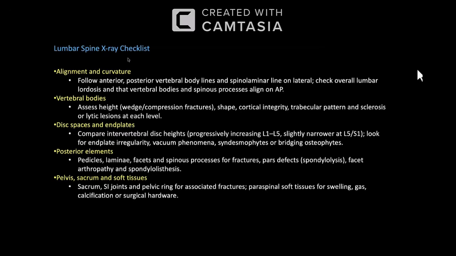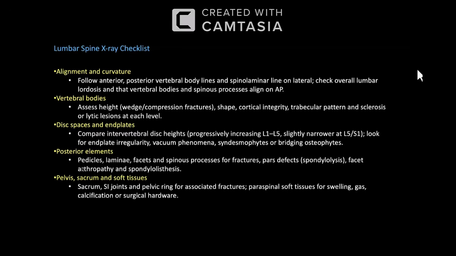Lumbar spine, again, some checklist. You can create your own checklist or you can follow this sort of checklist. Look at the alignment and curvature, look at the vertebral bodies, assess the height, look for any wedge compression fractures, cortical integrity. You need to check if there is any trabecular pattern or sclerosis, lytic lesions at each level, whether disc spaces are maintained, and is there end plate sclerosis.